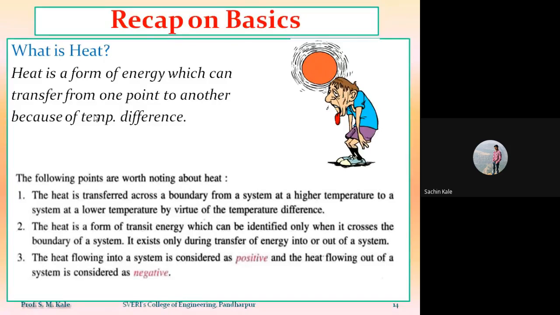Whenever we are supplying heat to any system, that supplying of heat will be considered positive, whereas the rejection of heat from the system towards the surrounding will be considered negative. While solving problems, you have to keep this positive and negative concept in mind.